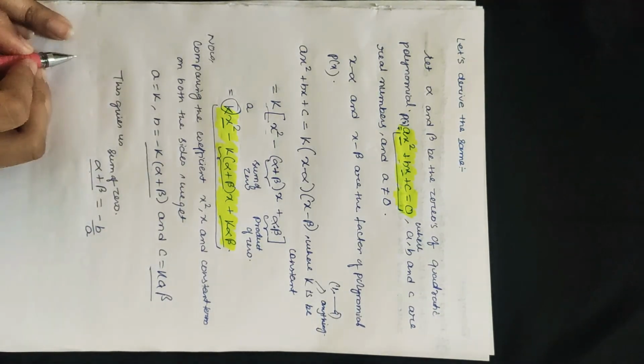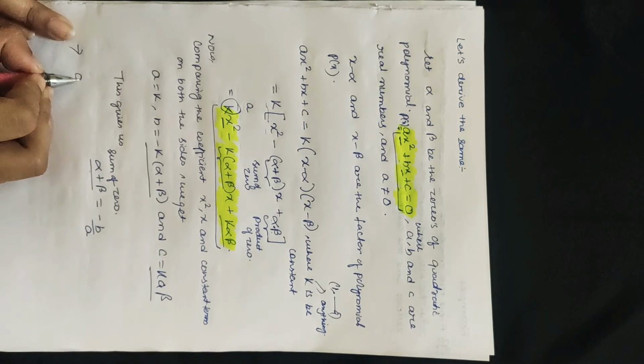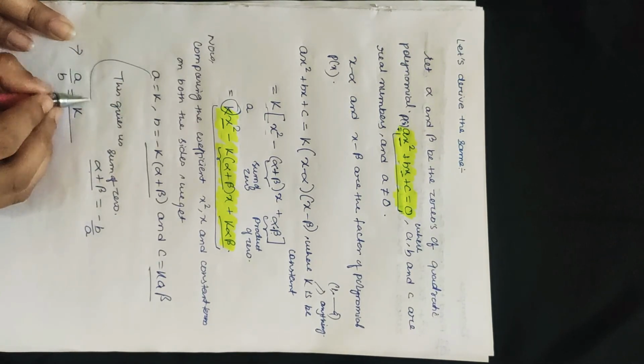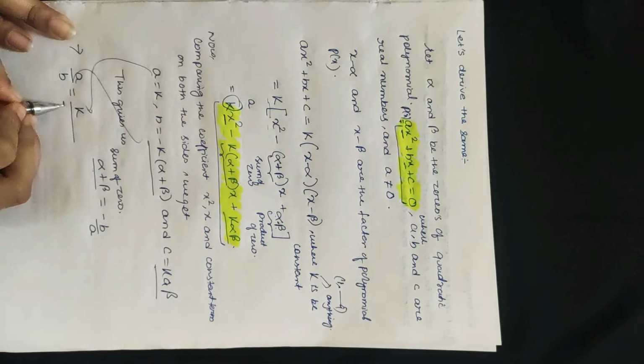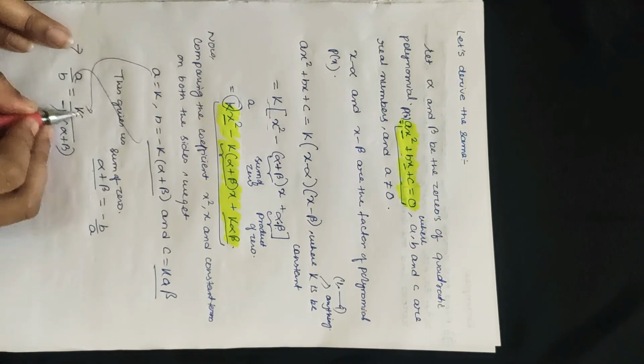So how do we do that? For example, if we take b by a, we have written the value of a as k and b as minus k times (alpha plus beta). So k gets cancelled.